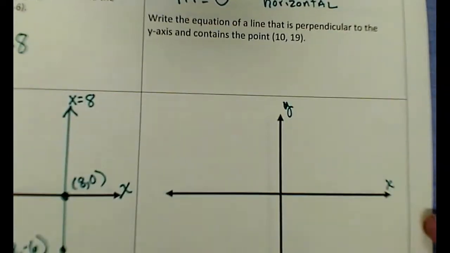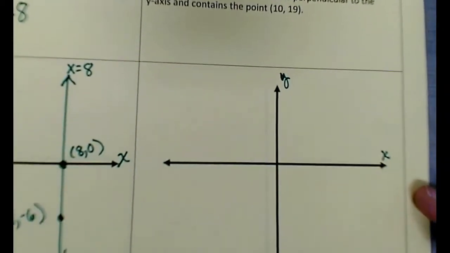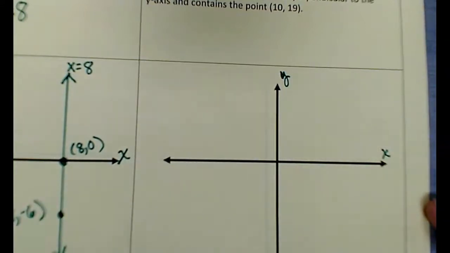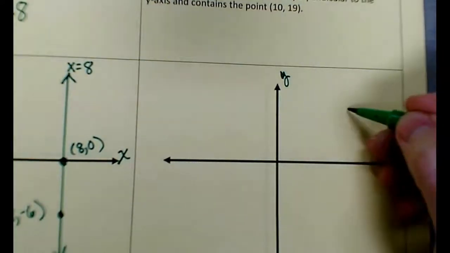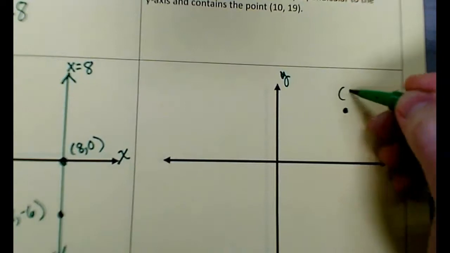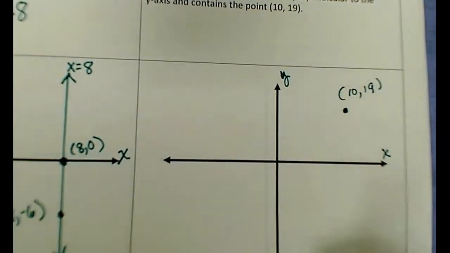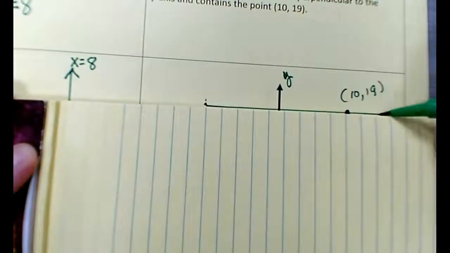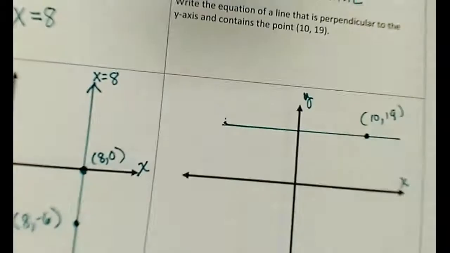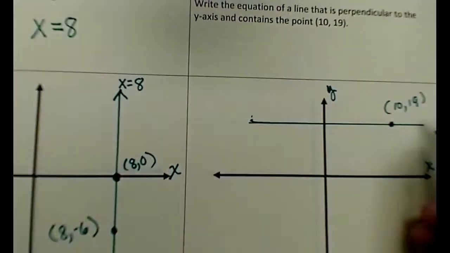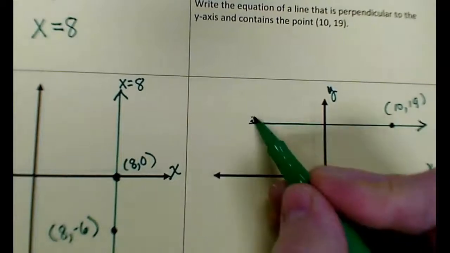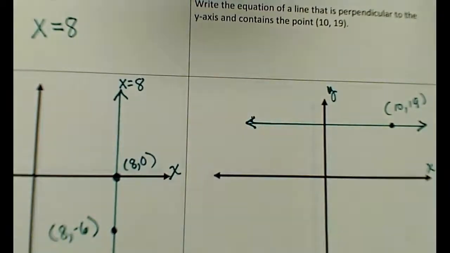Write the equation of a line that is perpendicular to the y-axis and through the point (10, 19). If it's going to be perpendicular to the y-axis, that means it's going to cross the y-axis at a 90-degree angle. It's going to be horizontal.